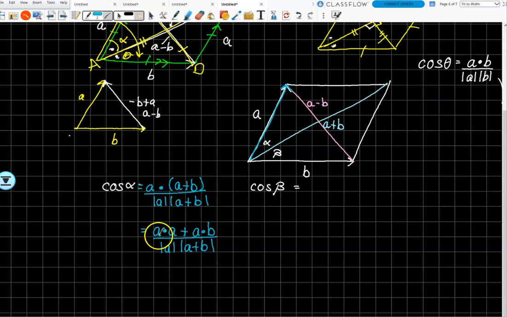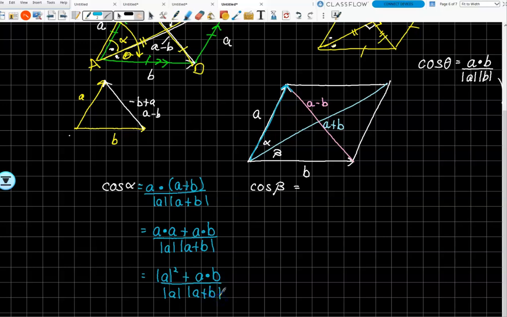I mean, we could rewrite that one. What's A dotted with B? Not 0. It's the modulus of A squared. Anyway, that's as far as we can go with that.